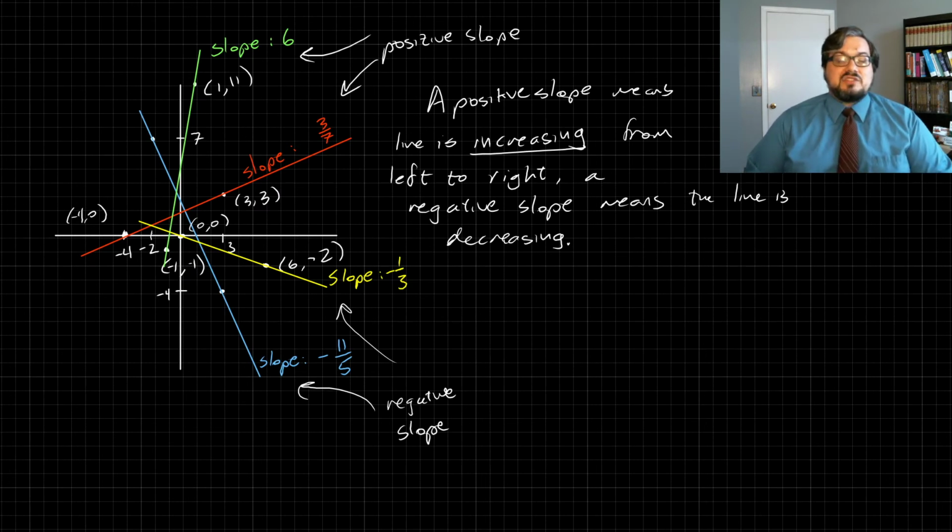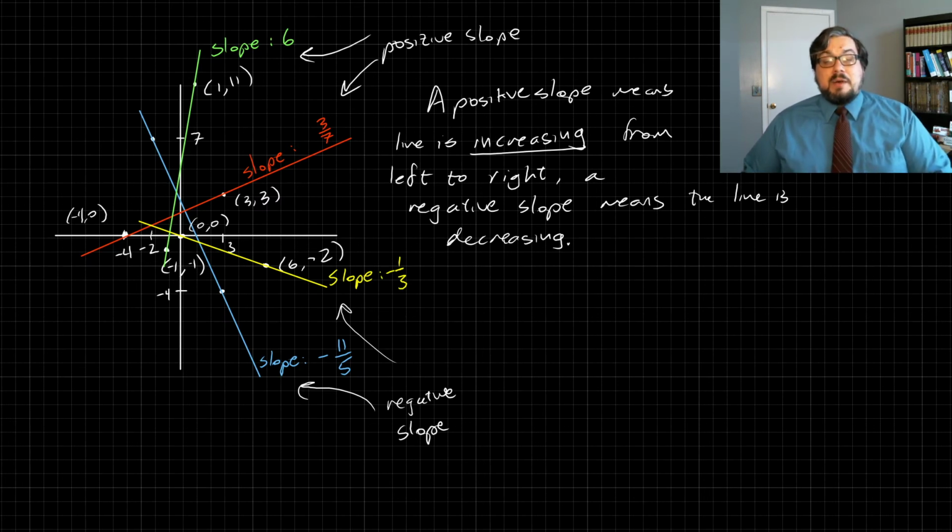Our yellow line has a slope of -1/3, and our blue line has a slope of -11/5. Now, remembering how inequalities work for negative numbers, we actually have that -11/5 is less than -1/3 because it's further to the left on the number line.